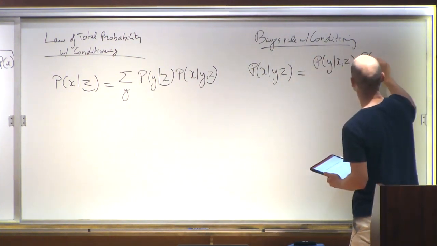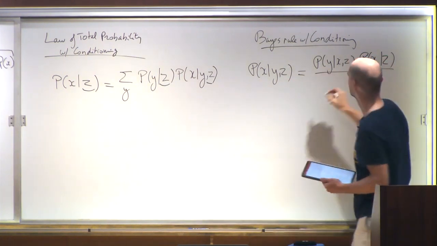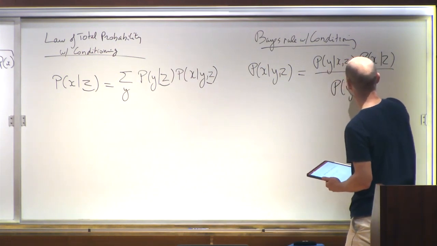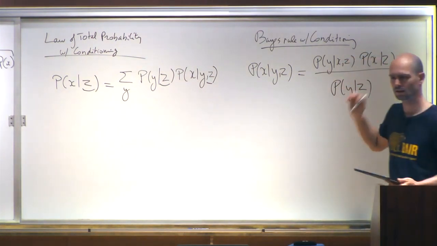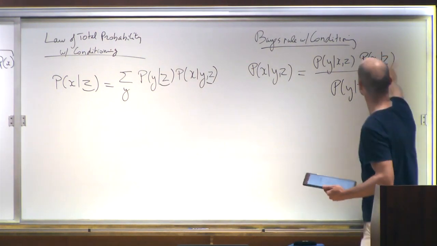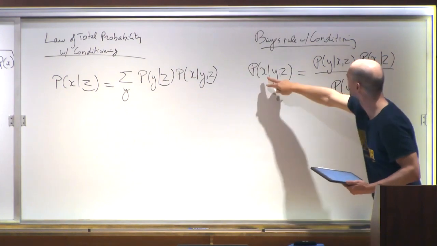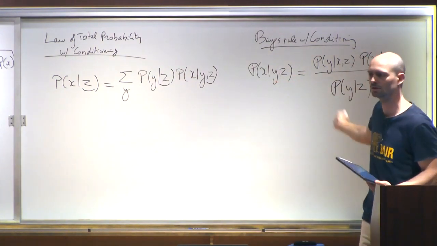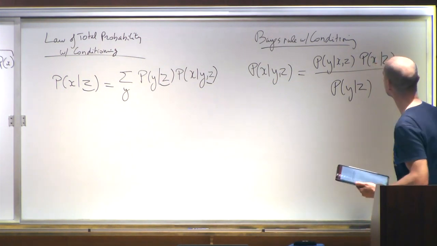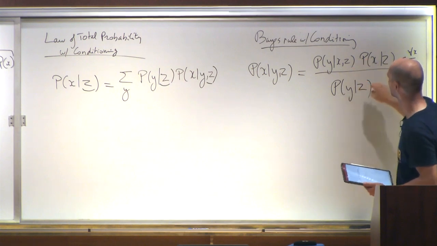Then P(x), but we need to carry along the z, and then normalized by P(y | z) again. But again, the bottom here doesn't really matter much in Bayes' rule. We usually know that we just need to compute the top part for every possible value of x. And once we computed the top part for every value of x, we can see what it sums to. And whatever it sums to is what goes in the bottom. Right? And so applying Bayes' rule is about doing this for all x and then summing to know what the bottom is.